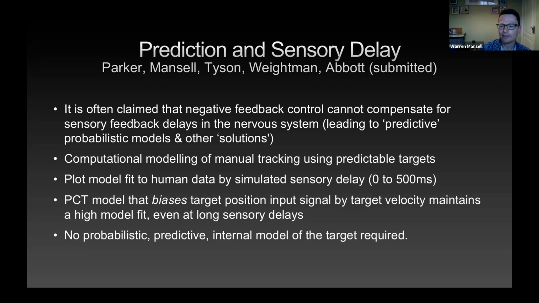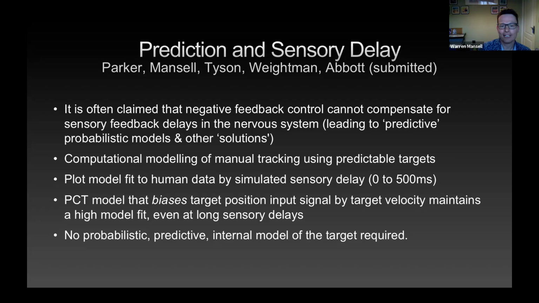And then the idea is to compare these model fits to see if a PCT model can still work efficiently and map onto the way that a human does it, even when there are very predictable disturbances that you might think, well, why not just use some kind of probabilistic system to try and do the tracking here?